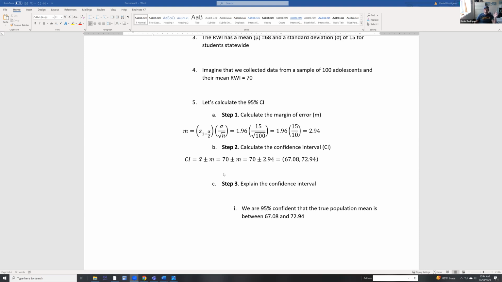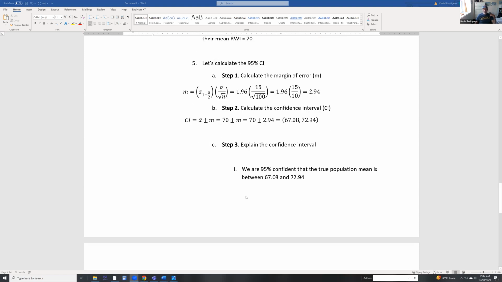We're interested in the sample, see where our sample stands in relation to this population. 70 plus or minus 2.94. So you subtract 2.94 from 70, and you add 2.94 to 70. So our 95% confidence interval, 67.08 and 72.94. Voila.